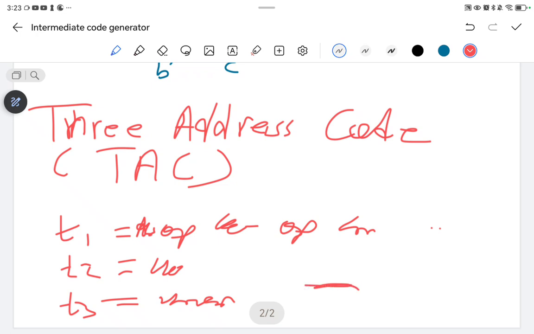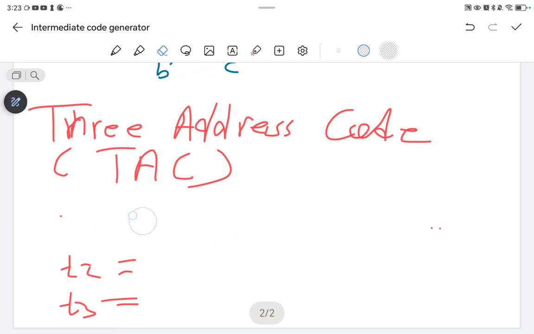Those are the unary assignments. So you'll see such things when you come to TAC, the 3 address code.